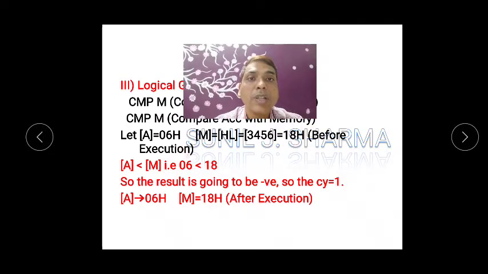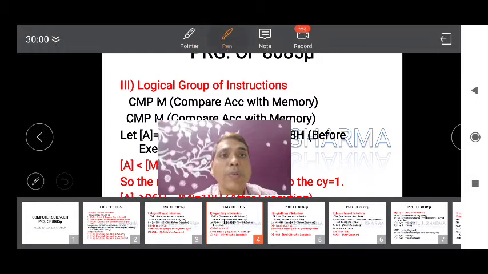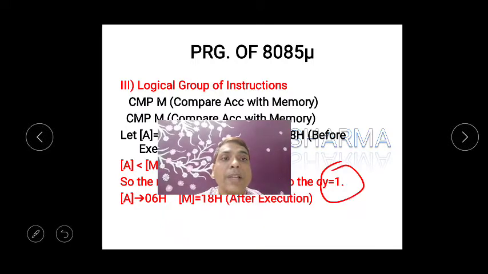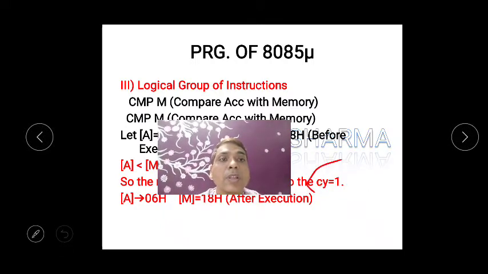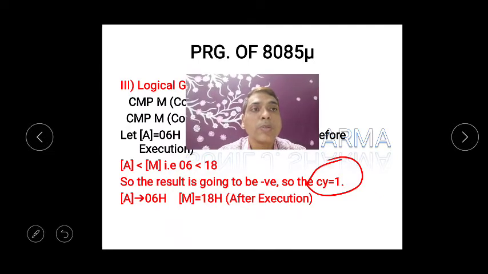Here the accumulator contents are less than the memory contents, so the result is going to be negative, and the very important thing is that the carry flag is to be 1, nothing else, no other changes. The accumulator and memory contents remain the same, and the only change is that the carry flag is 1, because of the rule.